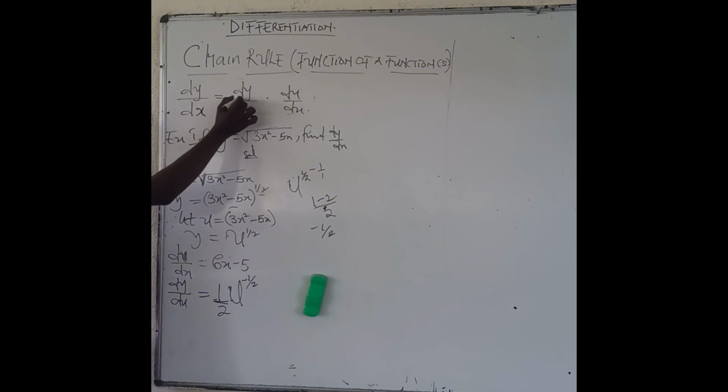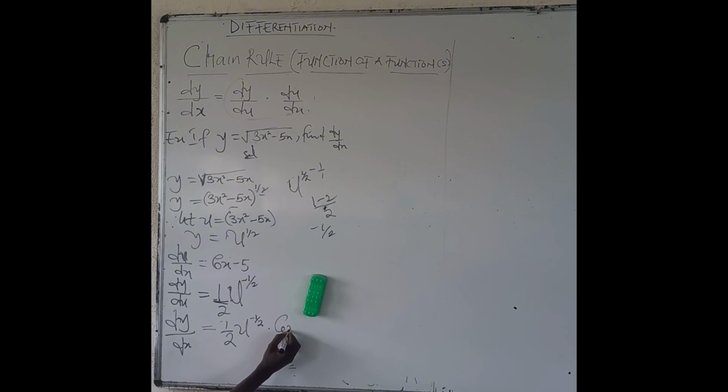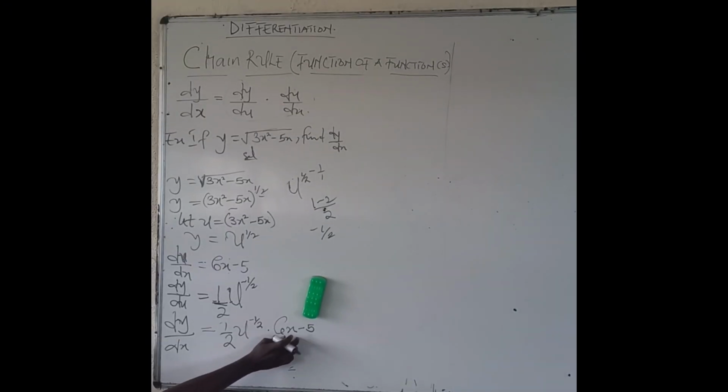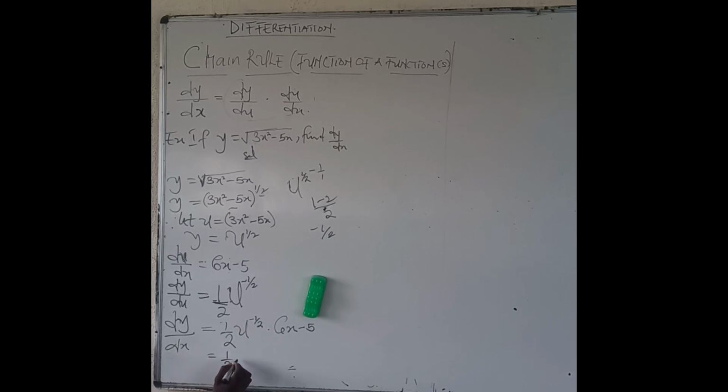Since you have known your dy over du and du over ds, you can now say that dy over dx is equal to dy over du, which is 1 over 2 into u raised to the power minus 1 over 2, multiplied by du over ds, which is 6s minus 5.